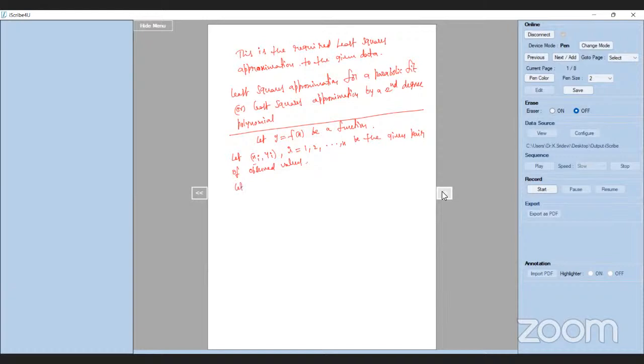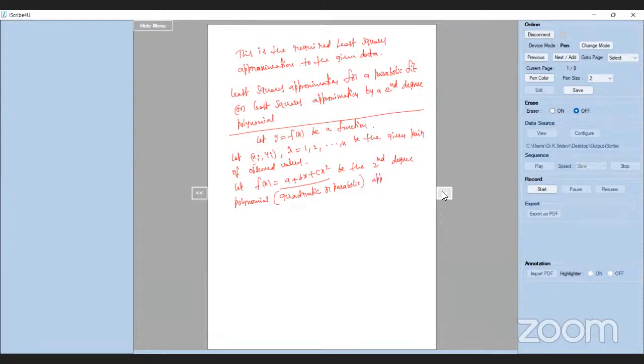Let f of x is equal to a plus bx plus cx square, a second degree polynomial or parabola, quadratic polynomial or quadratic function. So a plus bx plus cx square be the second degree polynomial or quadratic or parabolic function.